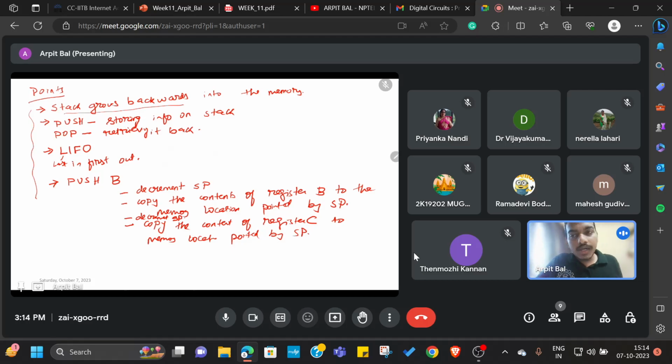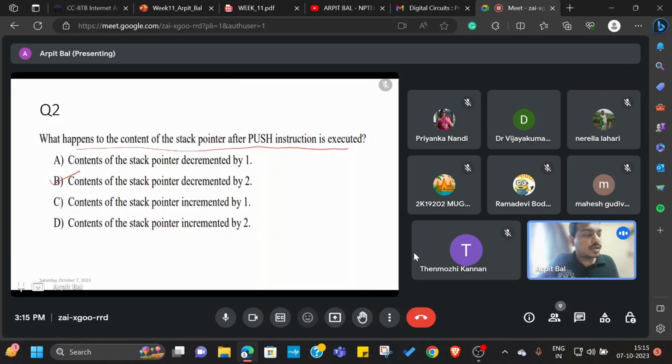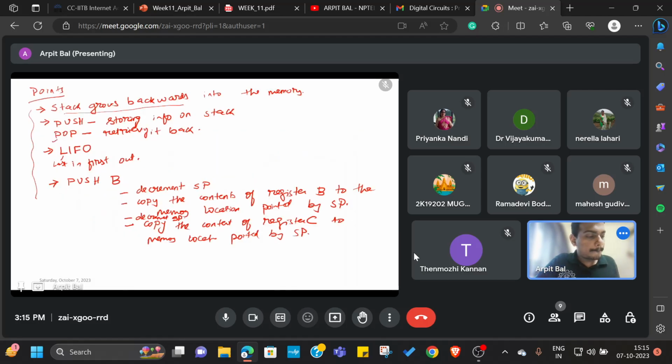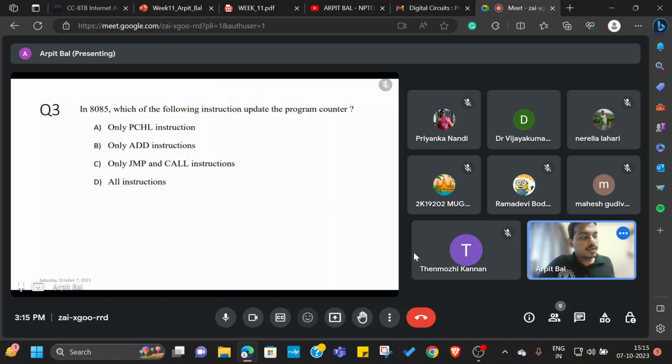Just like we did for push, where the stack pointer was being decremented, in case of pop the stack pointer is going to be incremented. So with a similar analogy you can solve problems related to the pop instruction. Okay, moving on to the next question.